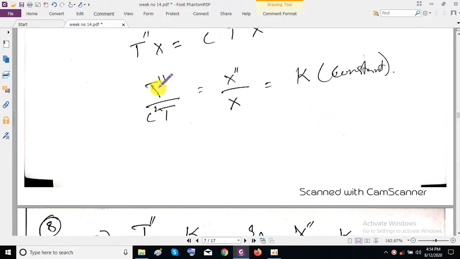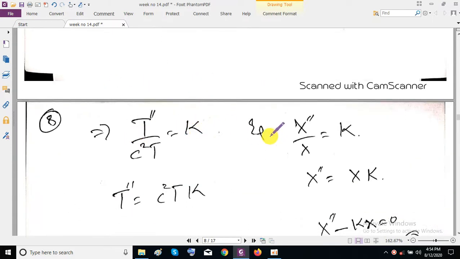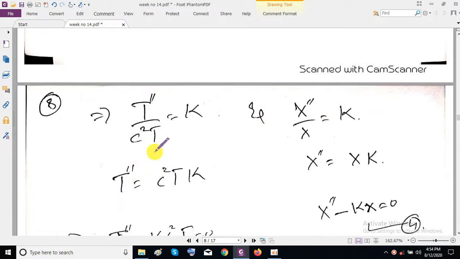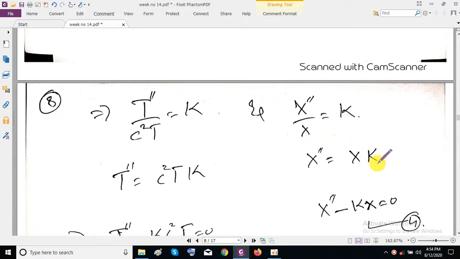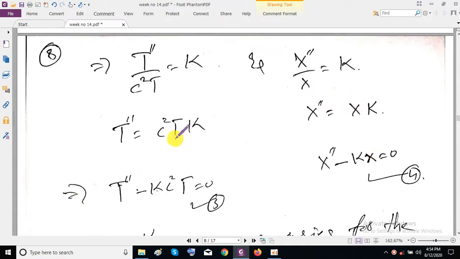Okay, now if two equation equal to k, so we can say that the first equation is equal to k and the second one is equal to k, और यहाँ से आ जाएगा t double dash c square t k, and यहाँ से आ जाएगा x double dash equal to x k, and इसको इस साइड पर शिफ्ट करेंगे तो ये आ जाएगा equation 3 और ये equation number 4.